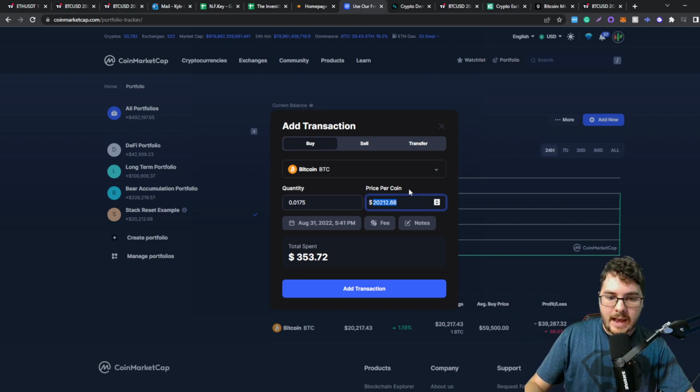So let's say after all the fees, it costs you about $15 to sell and rebuy. Depending on your exchange, that fee could change, but you should use this tool as a way of tracking the fees. So it would cost you about $15 to accumulate the 0.0175 Bitcoin.